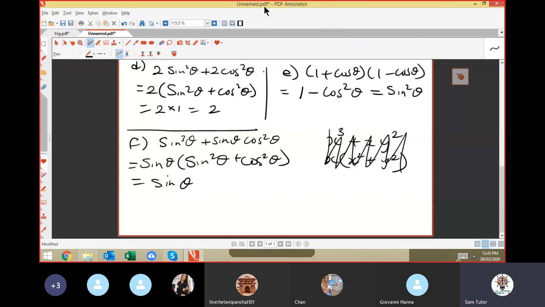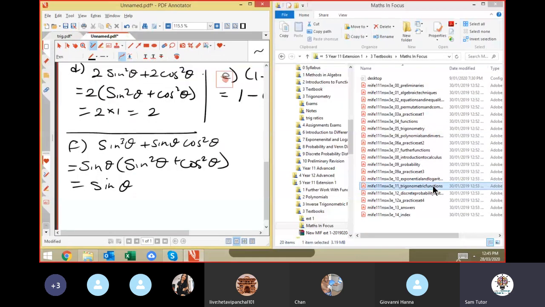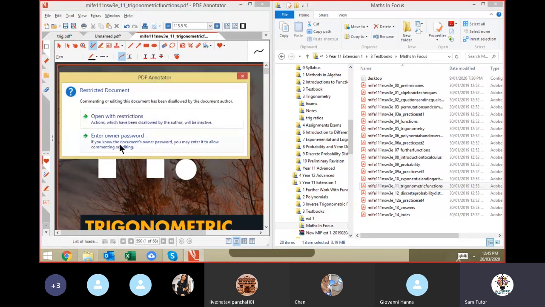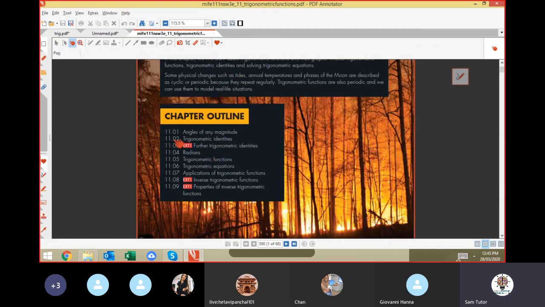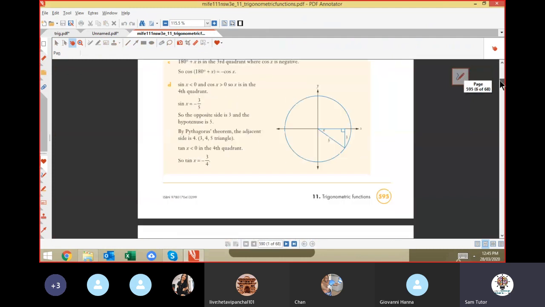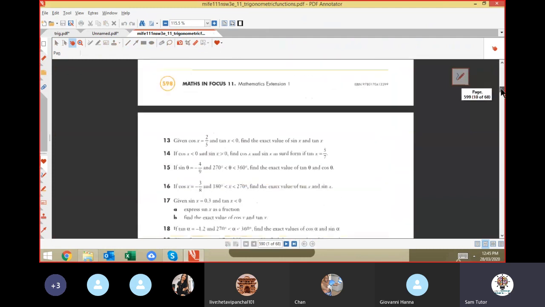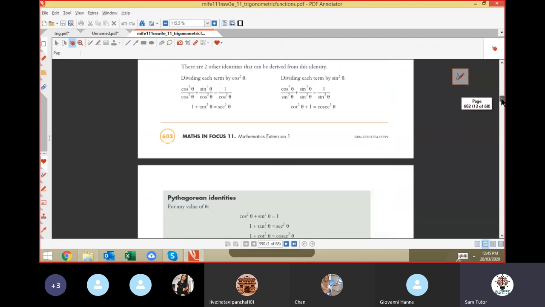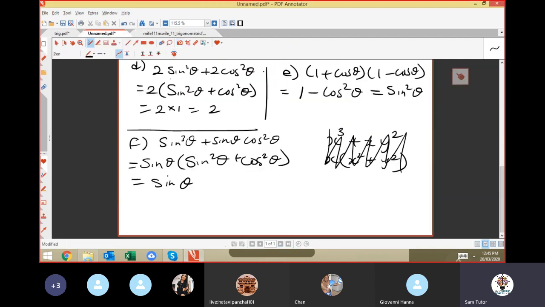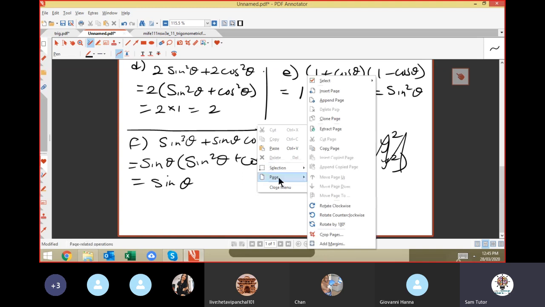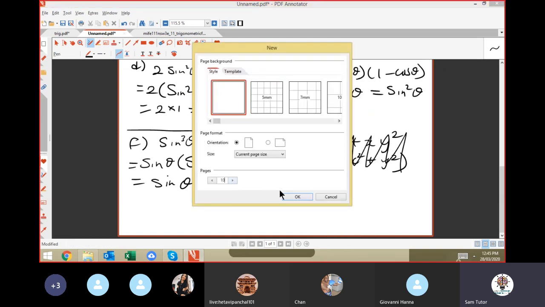There's someone there. Trig functions. Okay, beautiful. Let's do some more. Page 10.